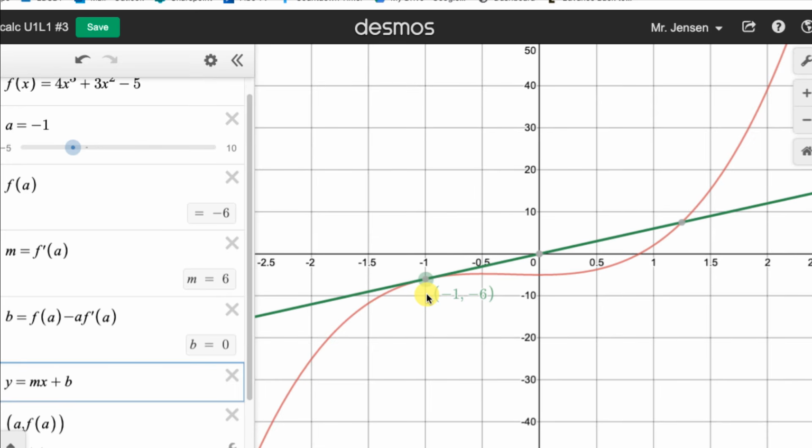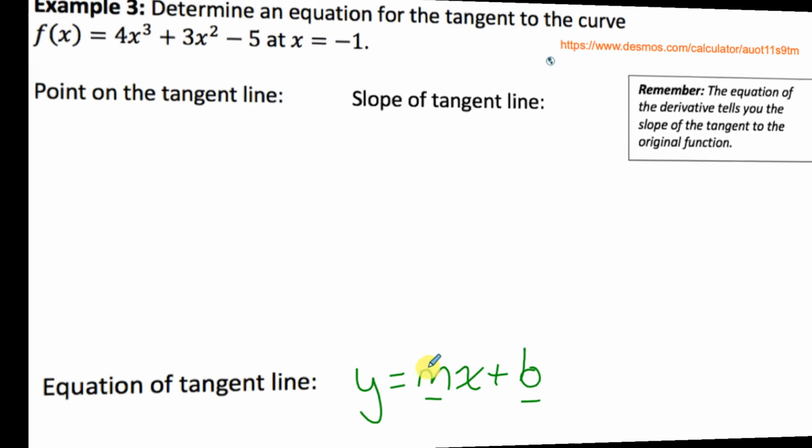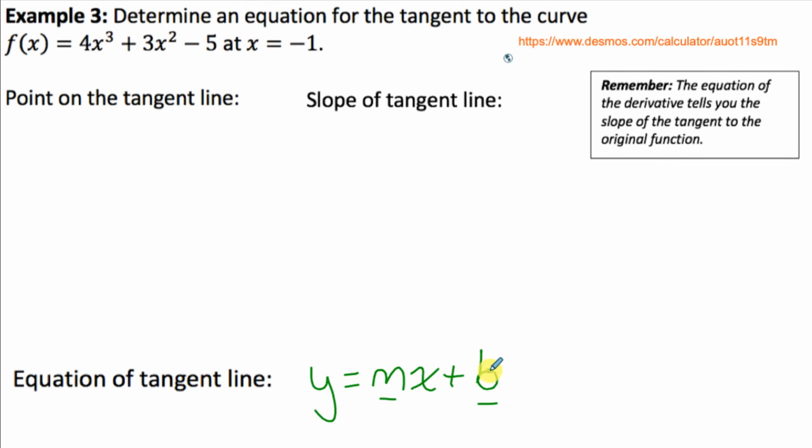So let's follow along with how we are going to figure out that slope 6 and the y-intercept 0 algebraically without having Desmos do it for us. Since I want the slope and the y-intercept, I'm going to need a point on the tangent line that will give me x and y, and the slope of the tangent line that will give me m. Then I can use that information to solve for b, and then I could write the equation.